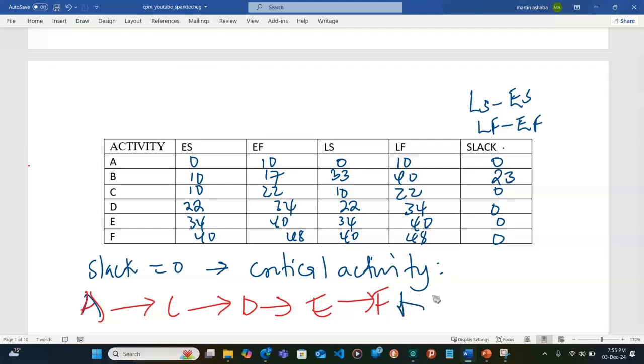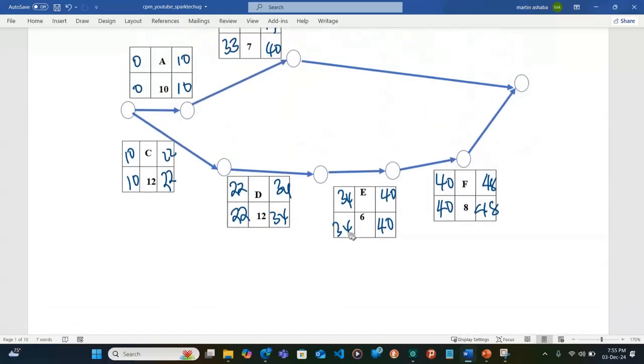So we must make sure that while dealing with these activities, we take a lot of care, because the moment we don't do any of these activities in their required time, then it is going to affect the final project duration.